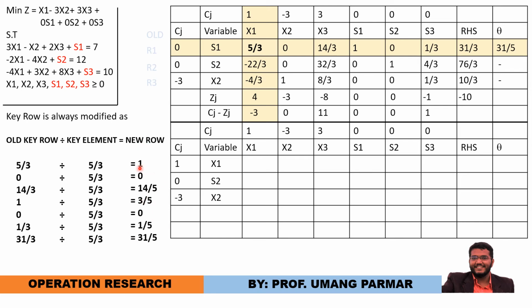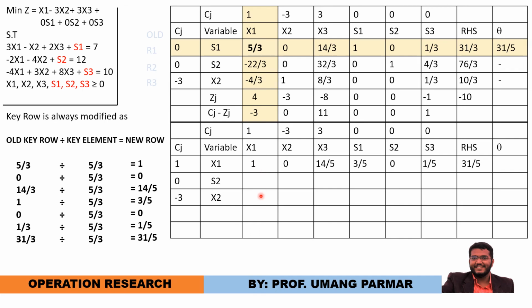So these are my new elements for the key row. I am mentioning these elements in the first row. As I want the key element modified to 1, in place of 5 by 3 now I have 1.